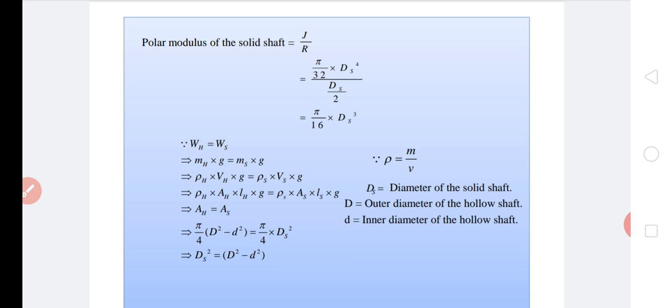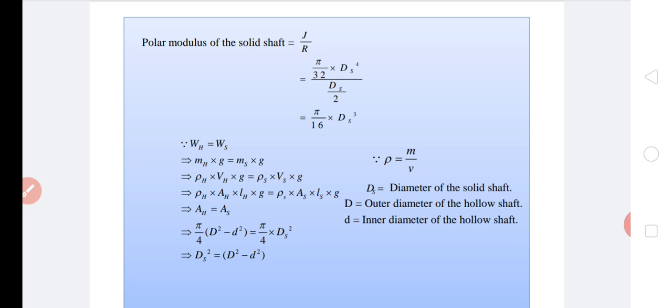As the question has the same material, density rho H equals rho S, and the length is the same, so L H equals L S, and g is the same for the hollow and solid shaft.